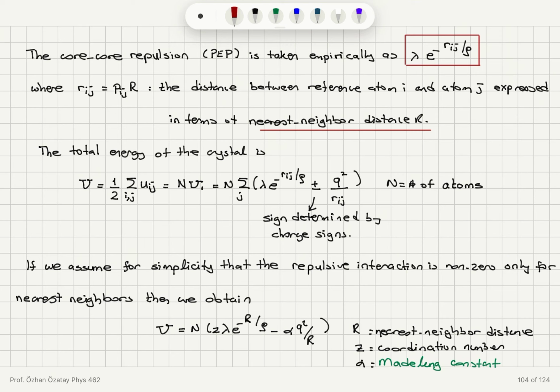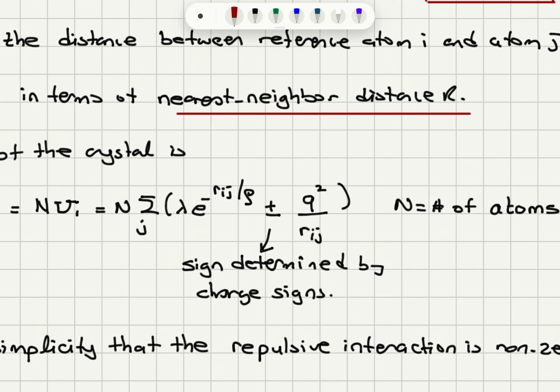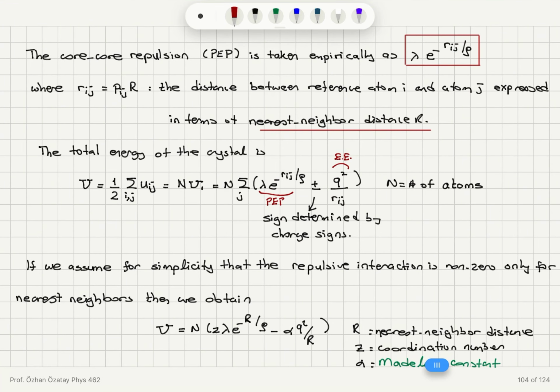So this would be capital N times the sum over j of lambda e to the minus Rij over rho. This is our repulsive part, Pauli exclusion, and this is our electrostatic energy, plus or minus q squared over Rij. The sign will be determined by the charges. And capital N is the number of atoms.